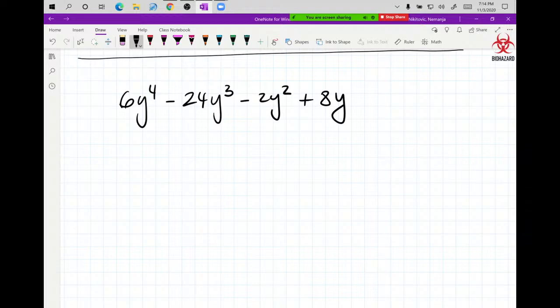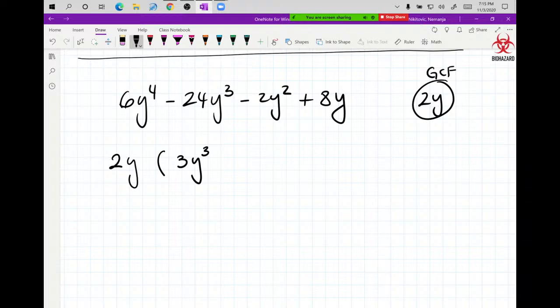If you take a look at each one of these terms, you can actually kick out 2y as a GCF from them. Because this one has y, 2 times 3, and then 2 times 12, and then 2, and then 2 times 4.